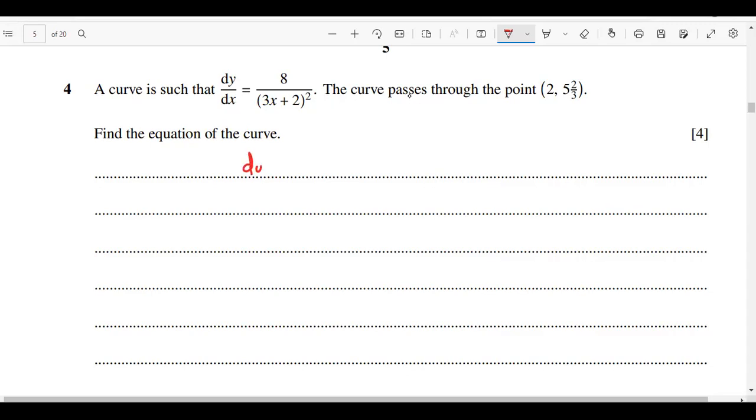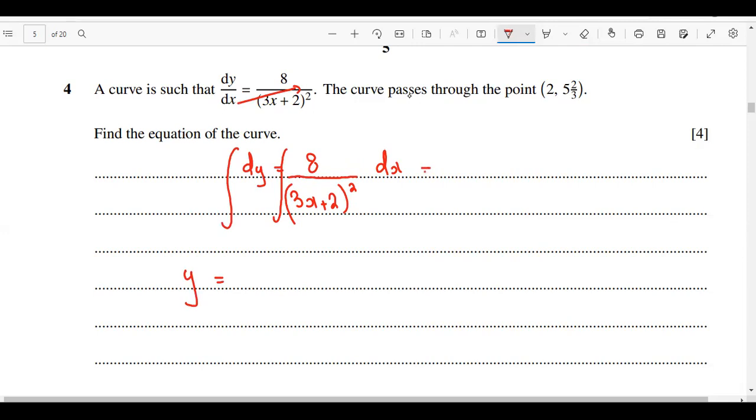So dy would be equal to, I can take this dx over here and this would give me 8 dx divided by 3x plus 2 whole square, and this is dx. Now we are supposed to integrate both sides. The left side would give me y equals. For the right side, how do I do it?